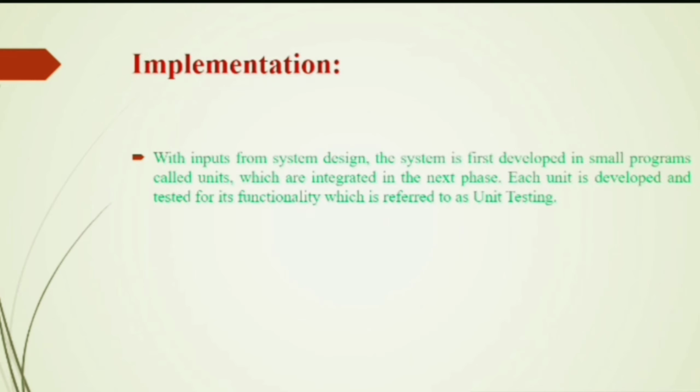Phase 3. Implementation. With inputs from system design, the system is first developed in small programs called units, which are integrated in the next phase. Each unit is developed and tested for its functionality, which is referred to as unit testing.